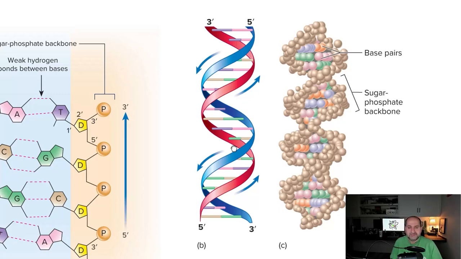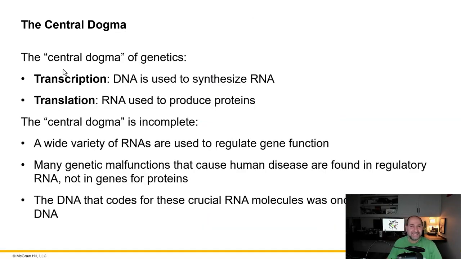Now, I told you that DNA or genes code for proteins, and that's typically what a gene does. It codes for a particular protein. So the process by which information is transmitted is that genes code for the proteins.